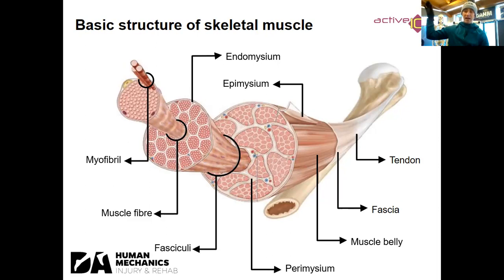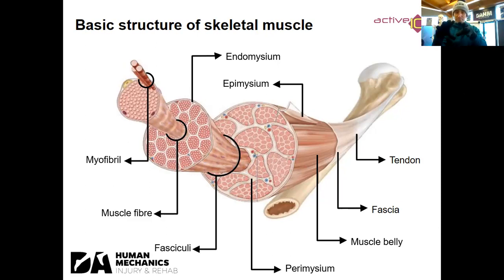Okay? So going over it again: bone, tendon, this white material, where the tendon blends into a muscle belly, so a big muscle, like quads or hamstrings. It's surrounded by this sheath, its outer layer called the epimysium, otherwise known as fascia.